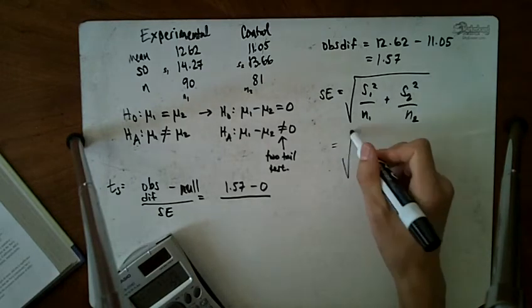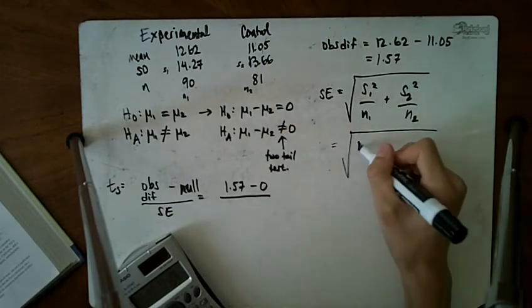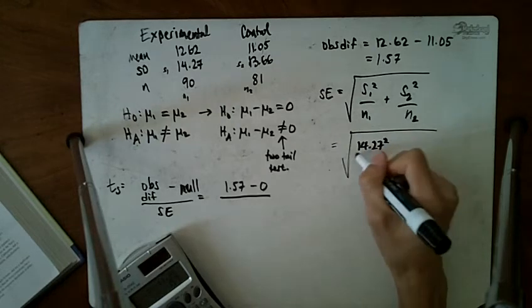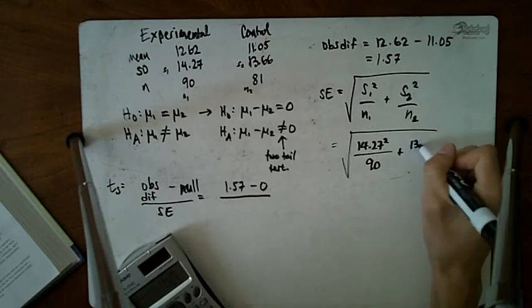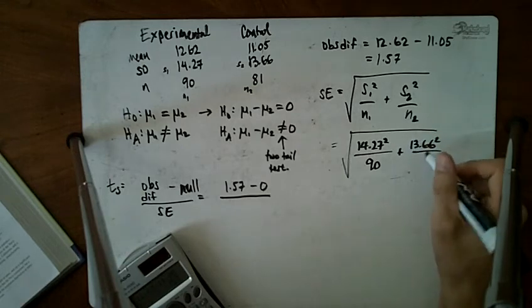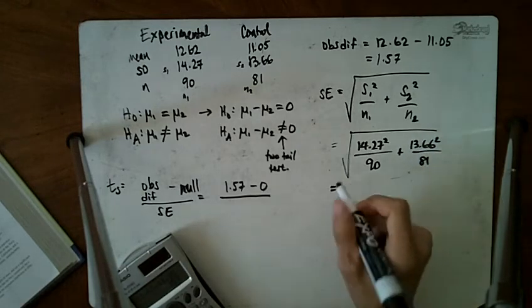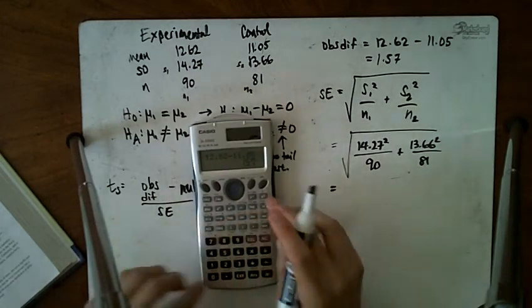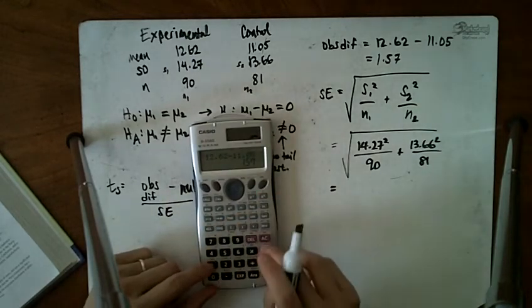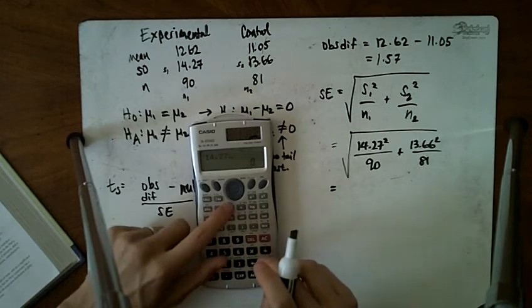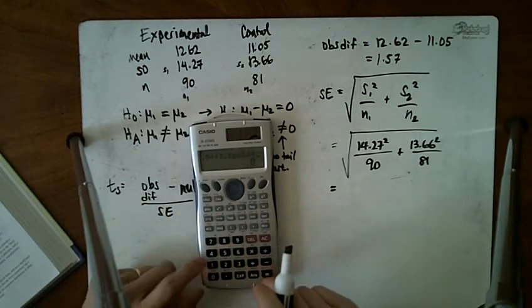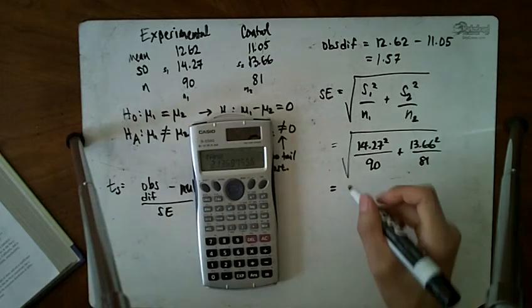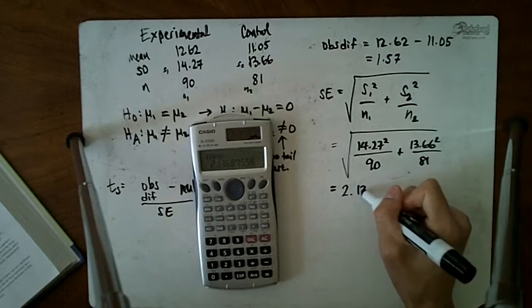So it's just a matter of plugging in these numbers. 14.27 squared over n1, 90, plus 13.66 squared over n2, which is 81. I take the square root of that number, and I get 2.1369.